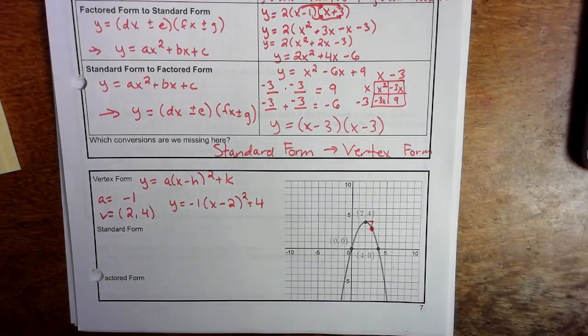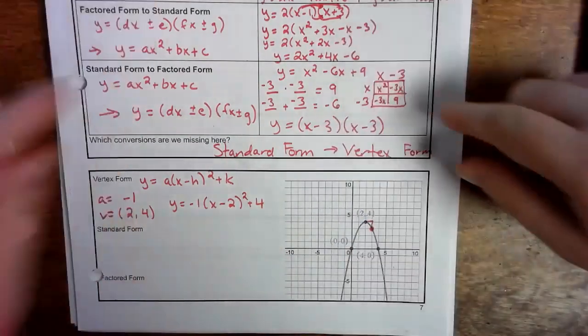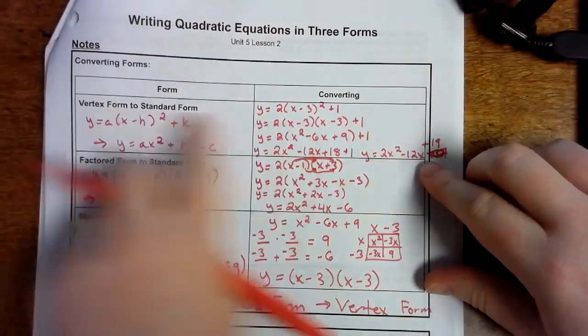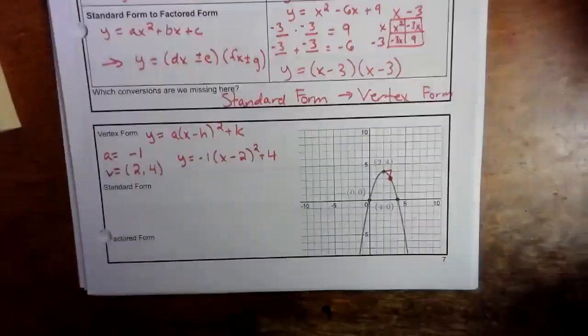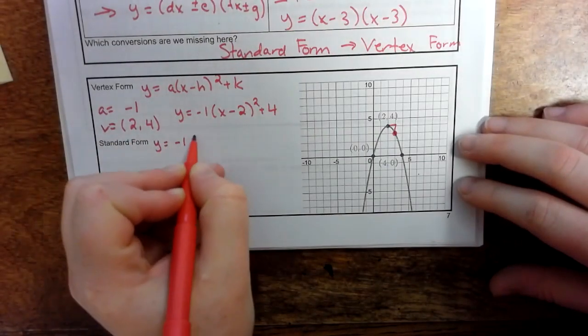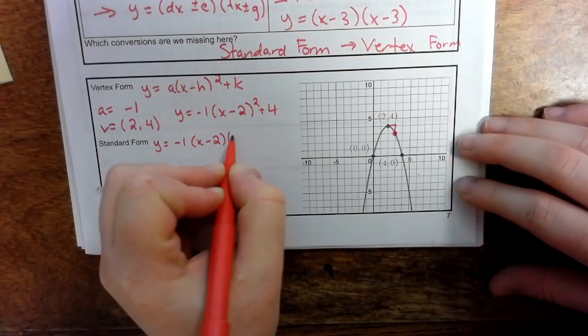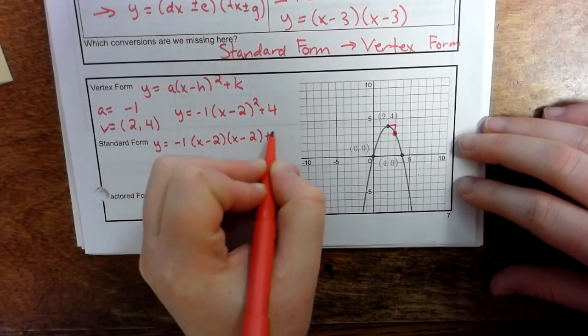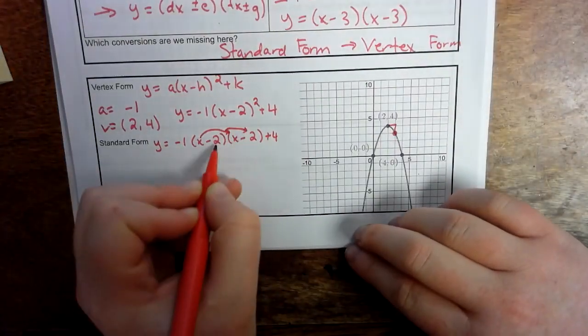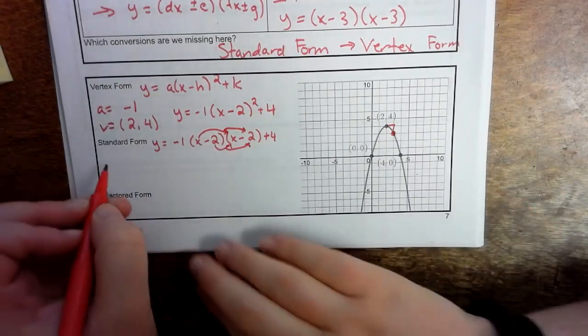Okay, so now from that, we're going to use what we did above. So now from vertex form to standard, that's this. So we get y equals -1, x minus 2, x minus 2 plus 4. I'm going to distribute the x and the -2 to all the pieces.